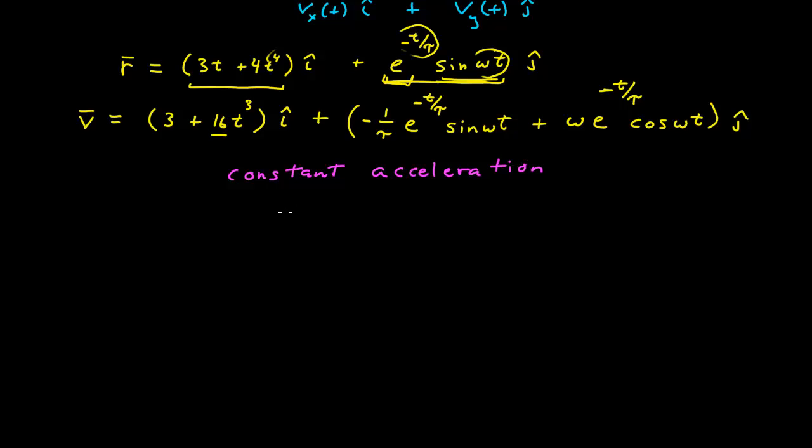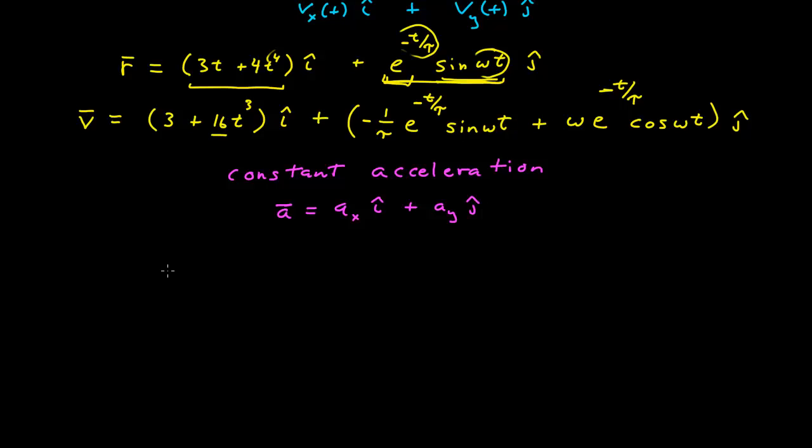In vector form, what does that look like? Well, it just gives me some acceleration i hat plus some constant acceleration vector, but now it has components along the x and the y axis.